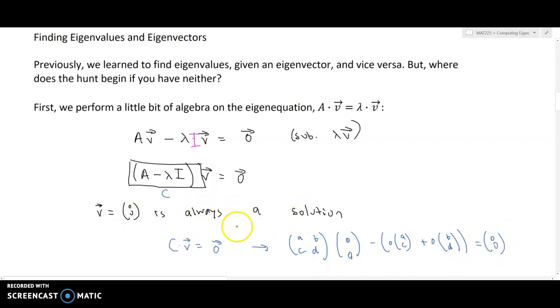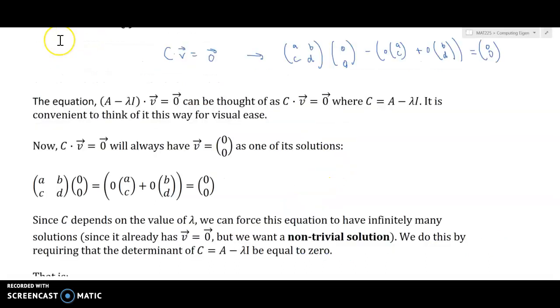So this will always have this trivial solution, and if that's the case, then every time we solve this equation, we're only going to end up with the eigenvector being the 0, 0 vector. It's true because when you multiply the 0, 0 vector by anything, it still remains the 0, 0 vector. So you could say that the 0, 0 vector got scaled and still remained as the 0, 0 vector.